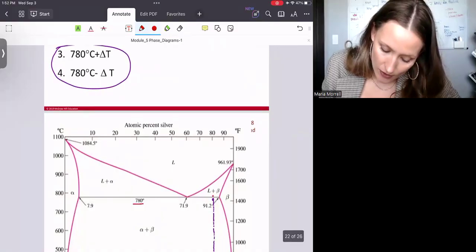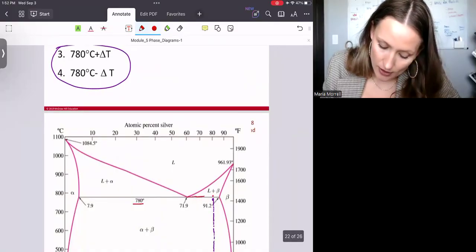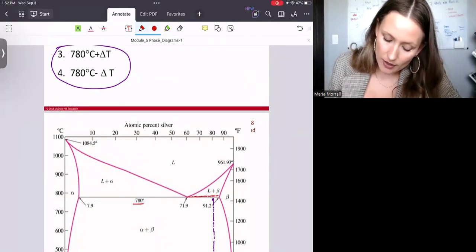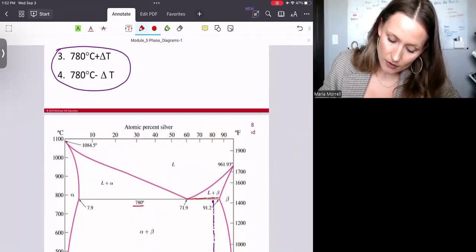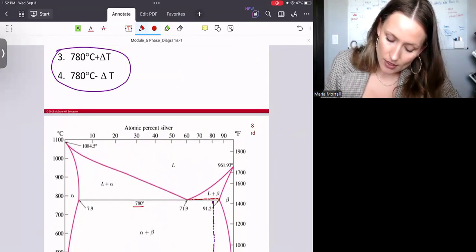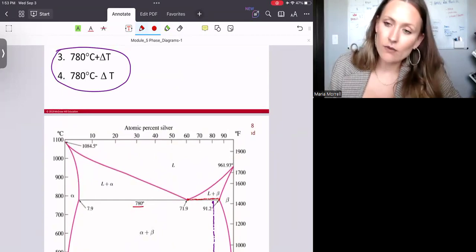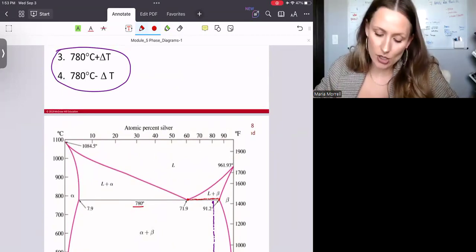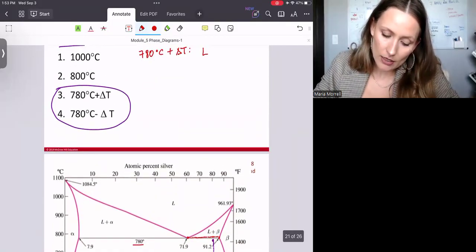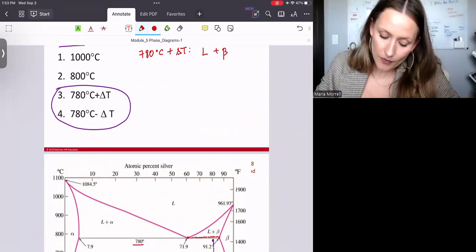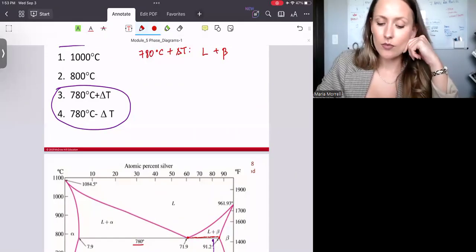That means first thing first, I'm going to draw a tie line barely above it. And the numbers are actually already specified here: this is your 91.2, this is your 71.9, and the average composition is 88. Well, this should be relatively straightforward. So I'm looking at the liquid plus beta.